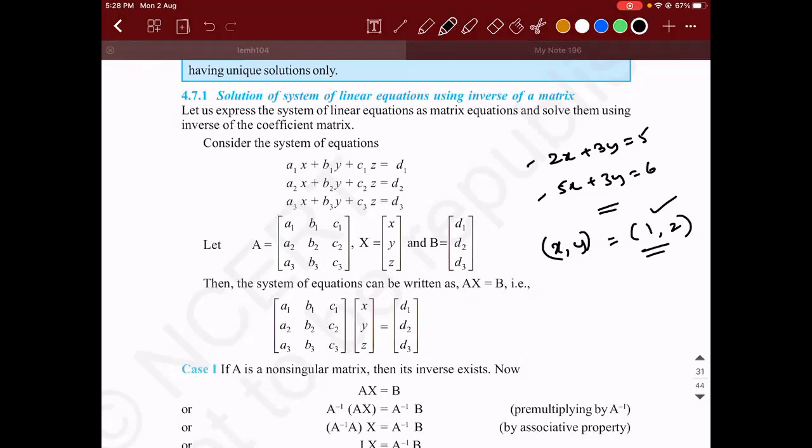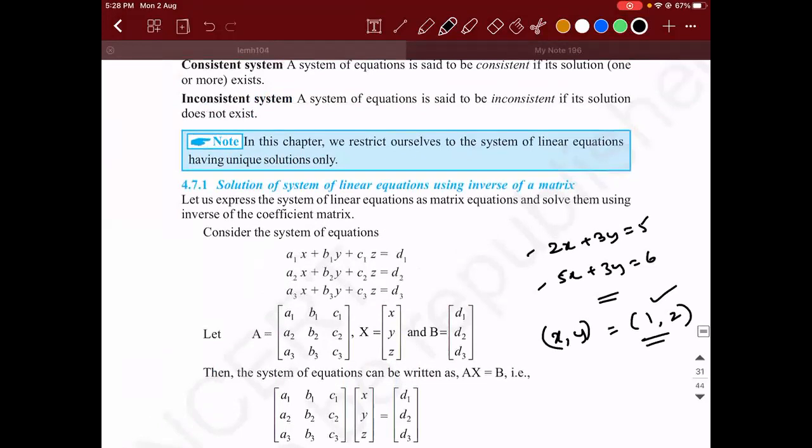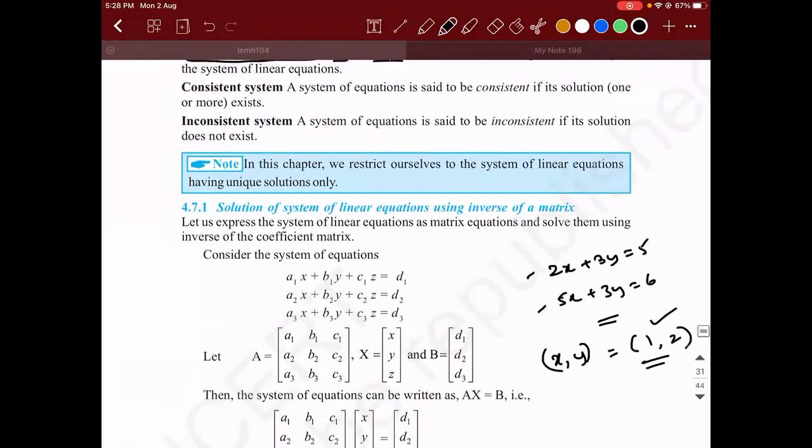So what do I mean by solution? On solving them, I get x and y, right? Depending on what that solution is going to come out, the systems of equations are basically classified into 2 types. I'll not call it an equation, but a system of equations. What do I mean by system? It is a collection of both these equations put together.